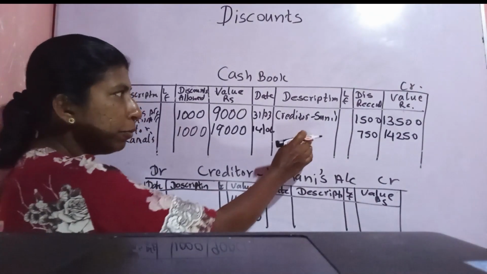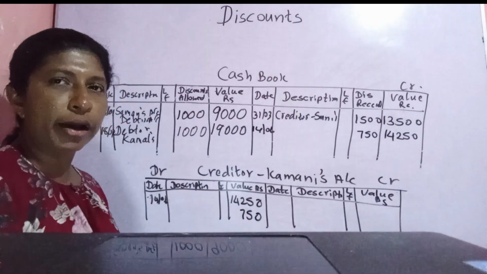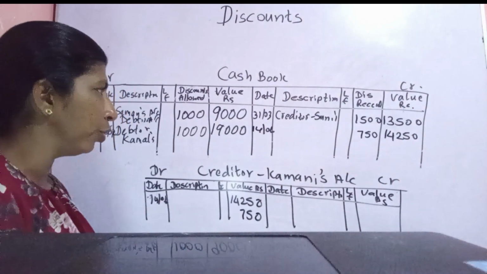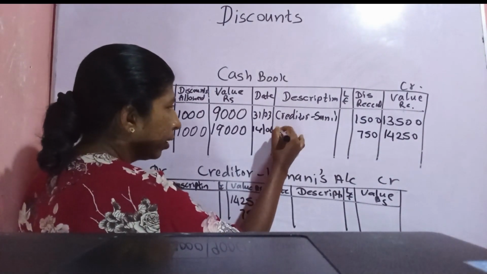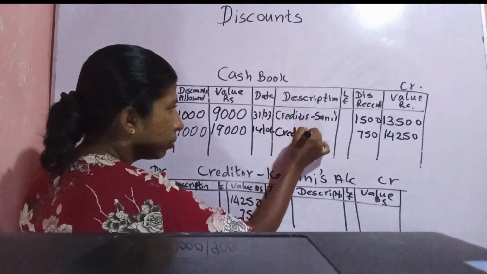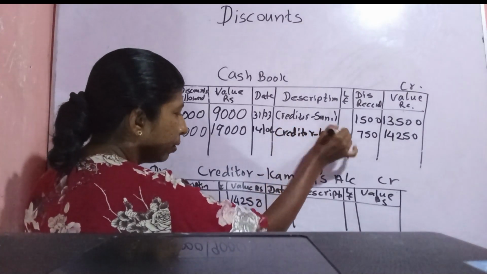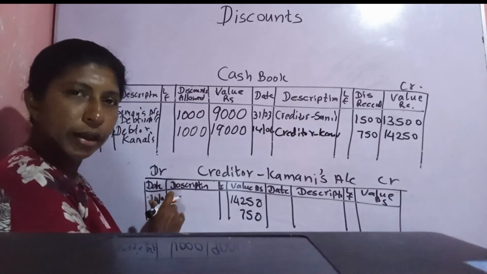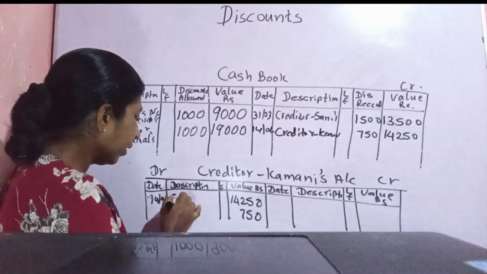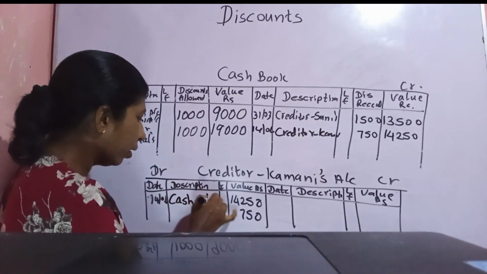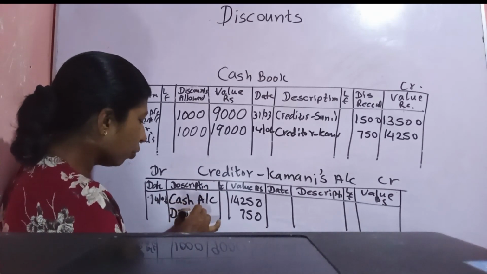We are making the payment. We have already credited that amount to the cash book. Now write here creditor, and write here cash account and discount received.